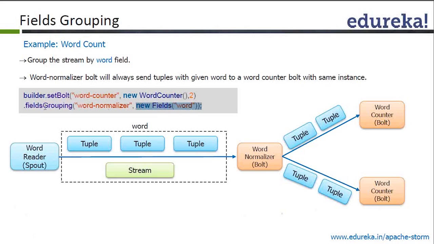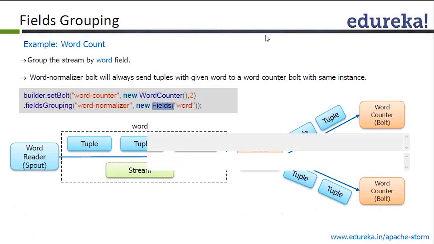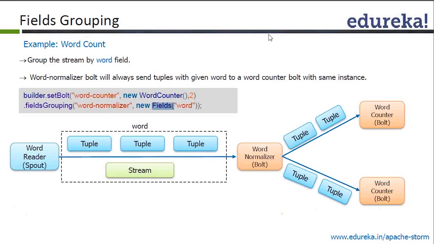Right now I'm saying fields grouping, so the data would go to the word normalizer, right? I'm not changing the example here, guys. The same thing, word normalizer, but this time it is receiving the data via fields grouping. And in the fields grouping, I'm specifying basically word. So word is what? It's my schema. Now what is the schema?